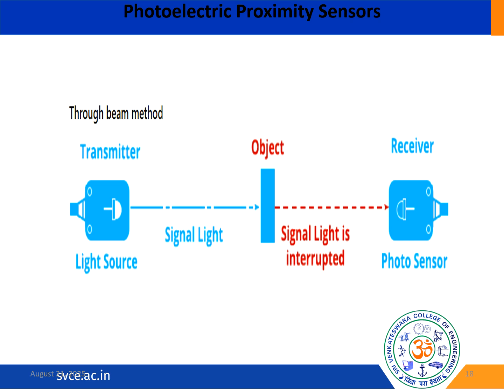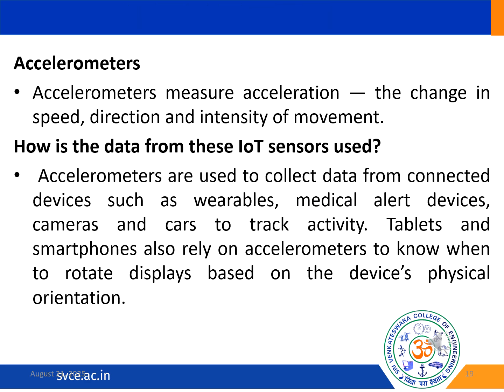Other than this, we have TCRT 5000 and RPR 220. So these are the types of photoelectric proximity sensors.